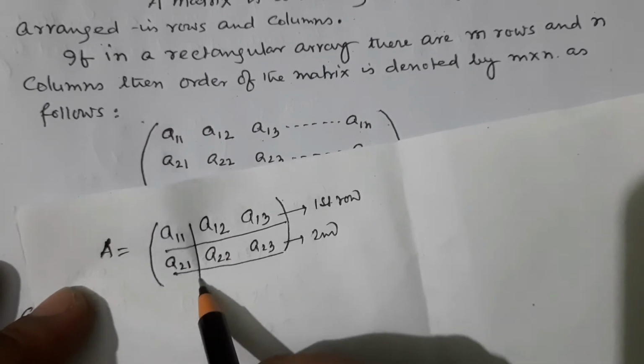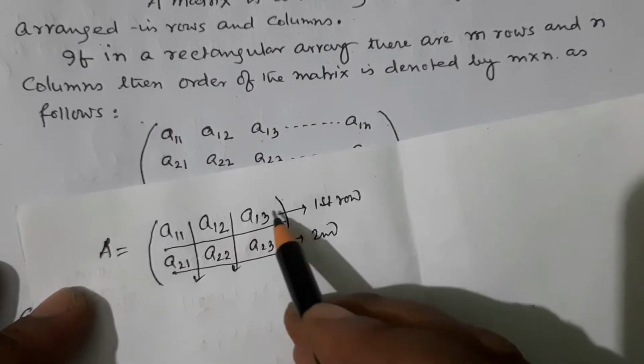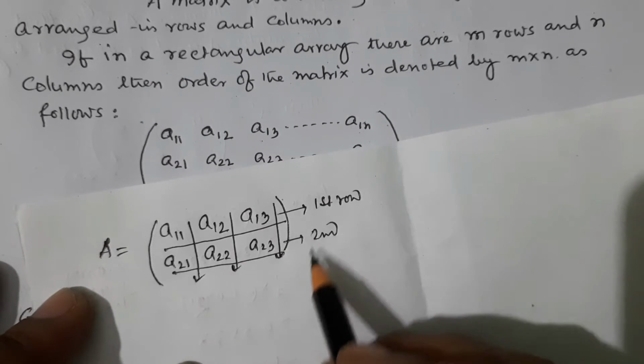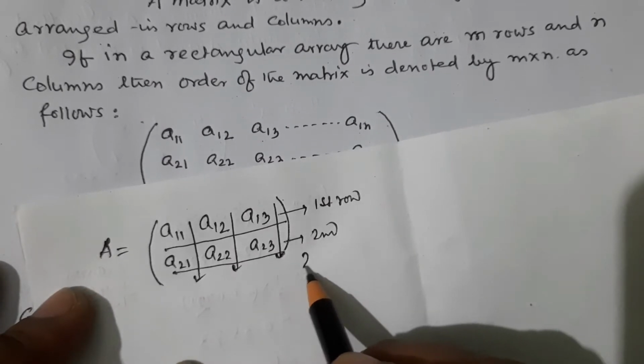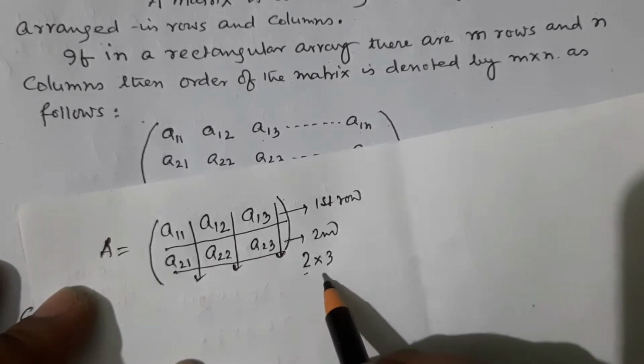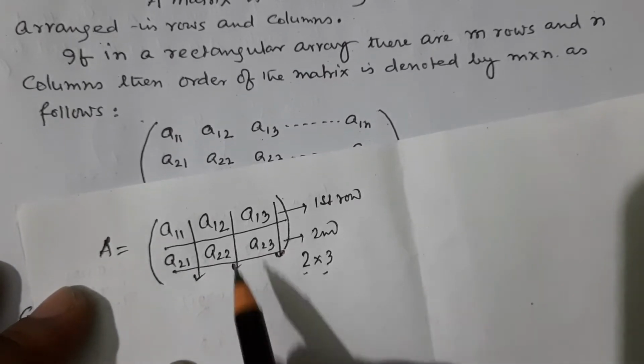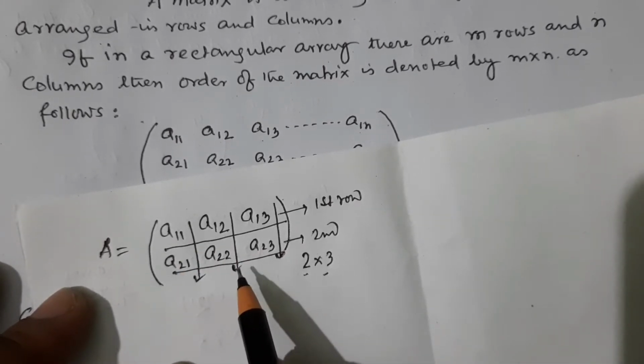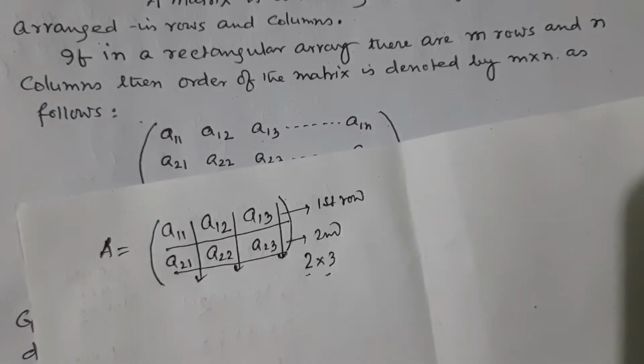This is the first column, this is the second column, and this is the third column. So its order is 2 cross 3. Here the number of rows is not equal to the number of columns, so this matrix is said to be a rectangular matrix.